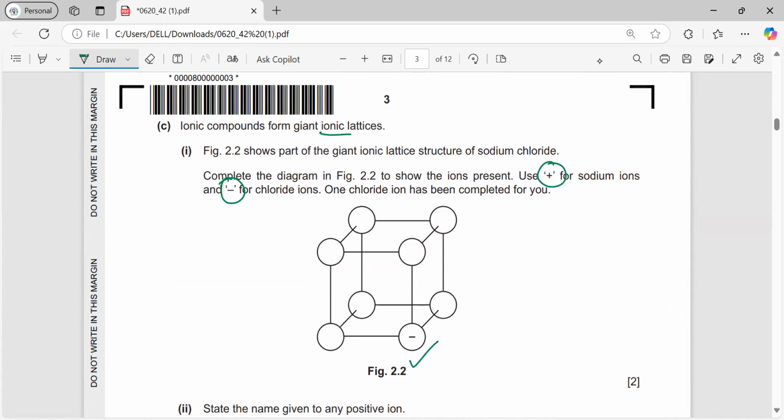With minus, the positive will be there. With positive, negative. With negative, positive. Because this is an ionic lattice, the opposite charges will be together. So with positive, negative, with negative, positive, with positive, negative.